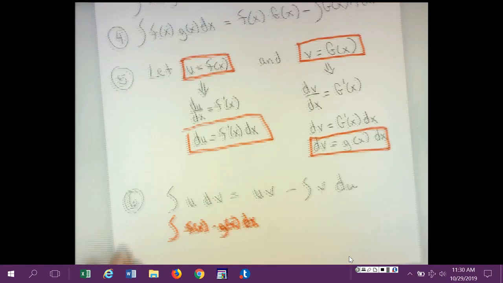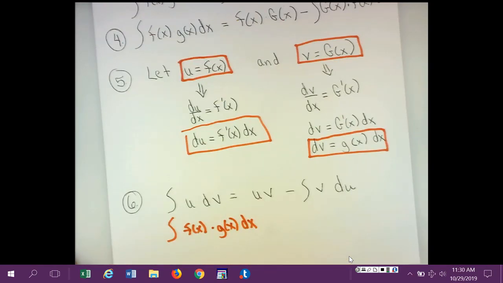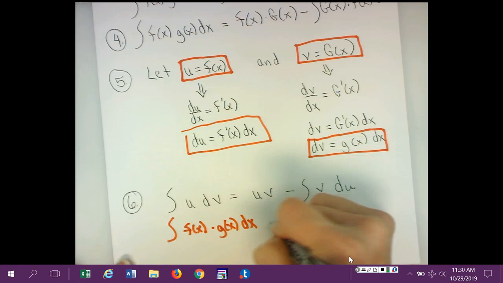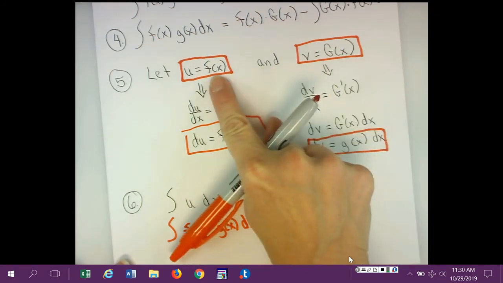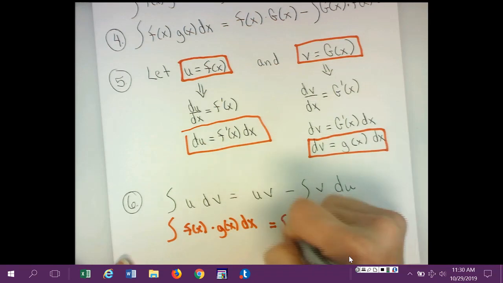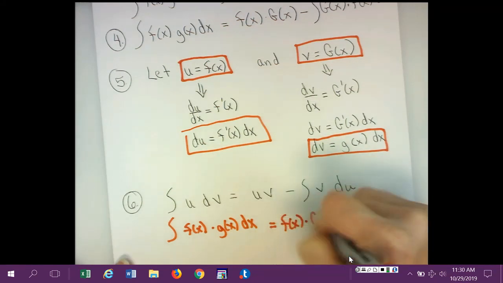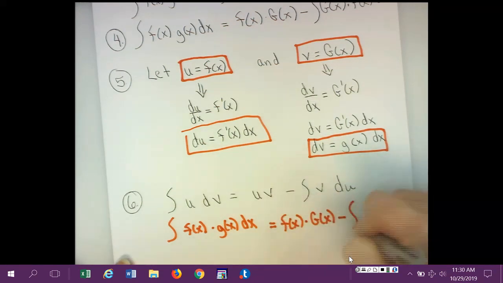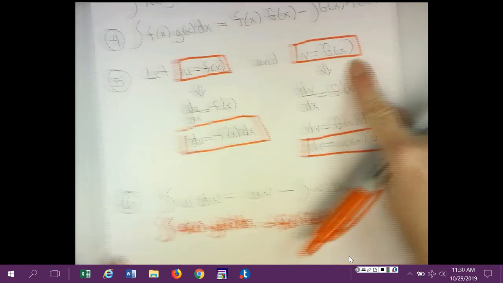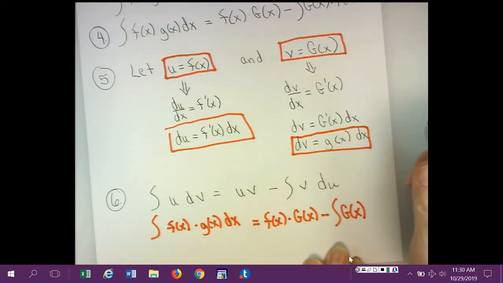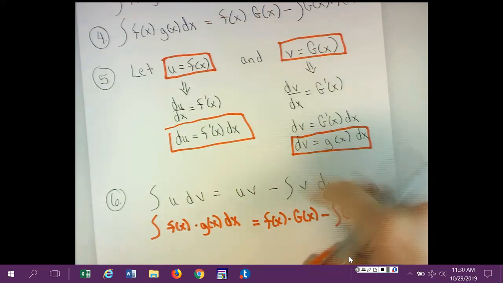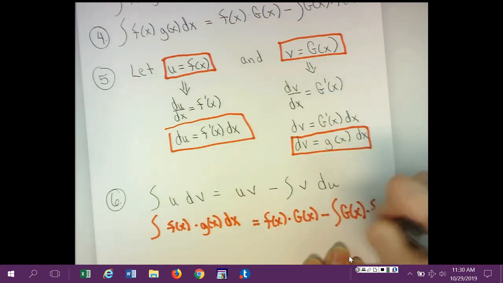Look at that. Neat. And that is going to be equal to u times v, so u times v, which is little f times big G, minus the antiderivative of v, which is big G, times du, which is f prime of x dx.